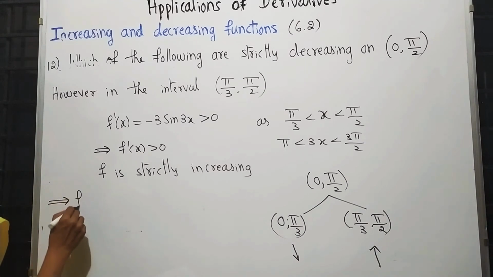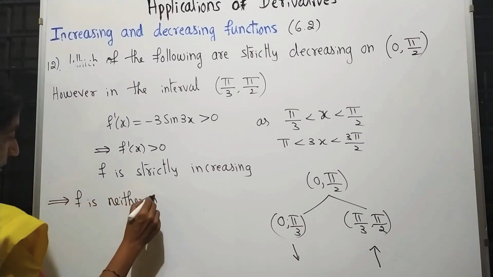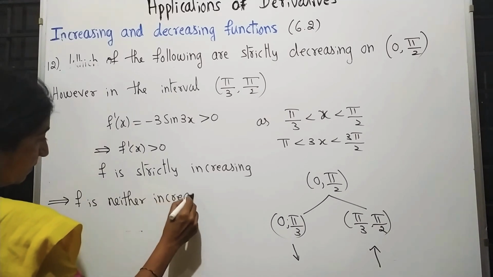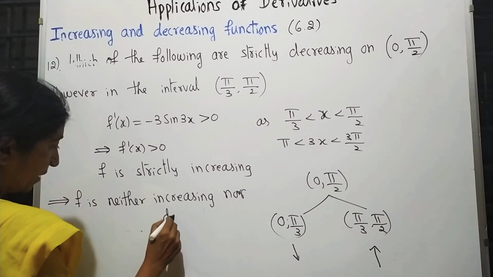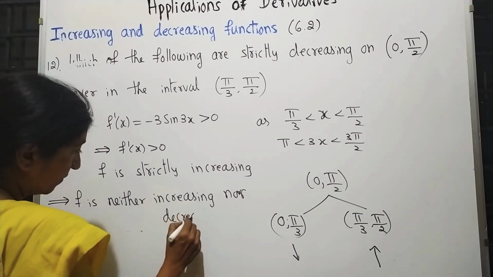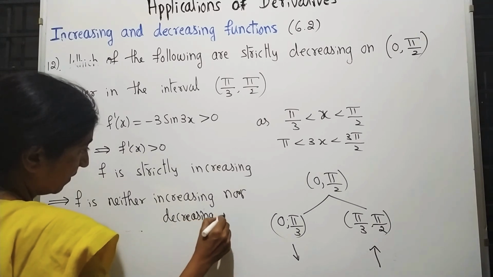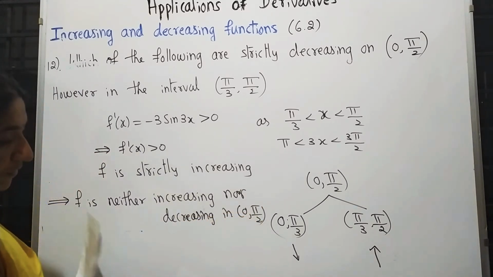This implies f is neither increasing nor decreasing in 0 comma pi by 2. Understood why we wrote like that?